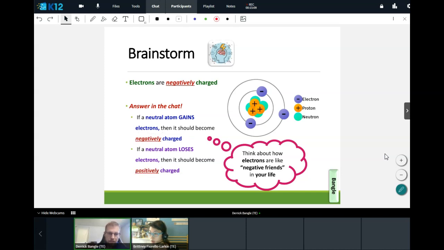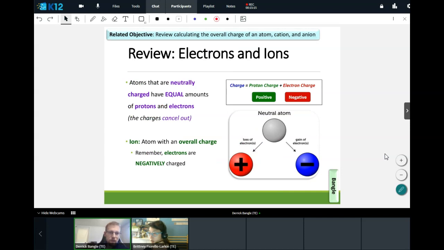So just confirming that we got the correct answers there. Reviewing what electrons do in terms of ions: atoms that are neutrally charged have equal amounts of protons and electrons. If I have the same positive charge as I do negative charge, then it doesn't matter how much I have of each. As long as they're equal, they cancel out.